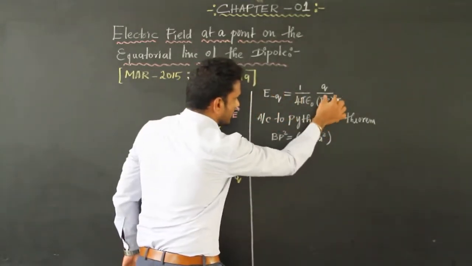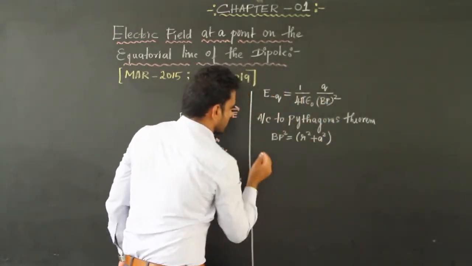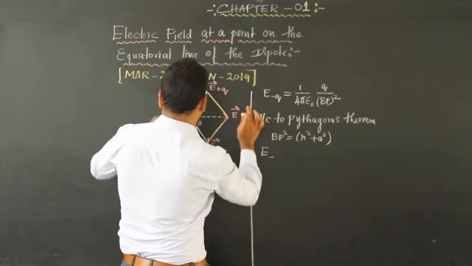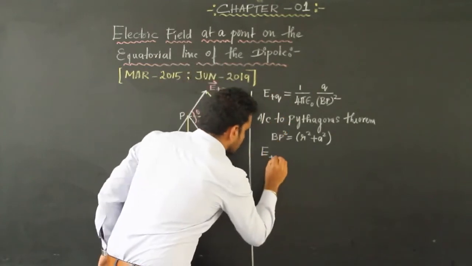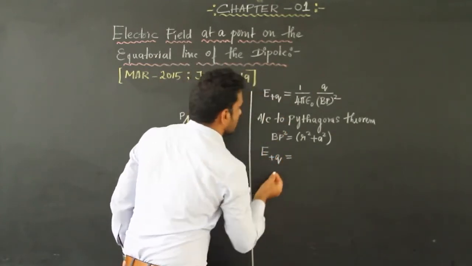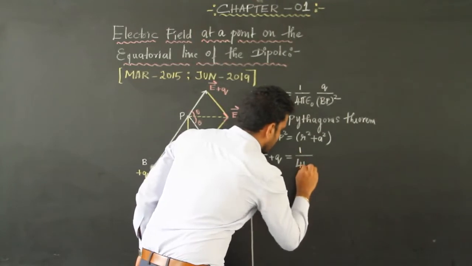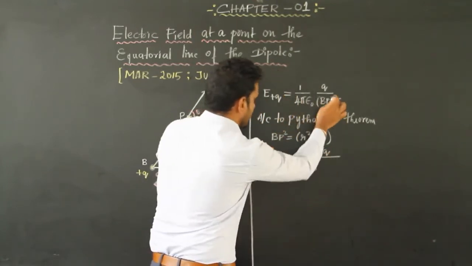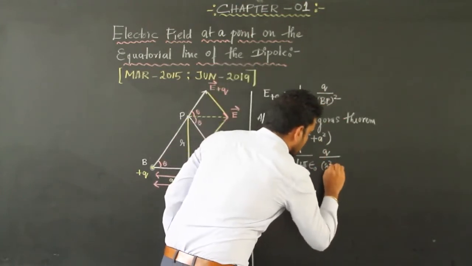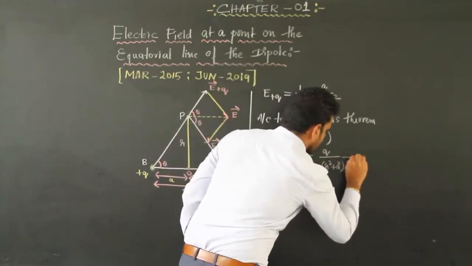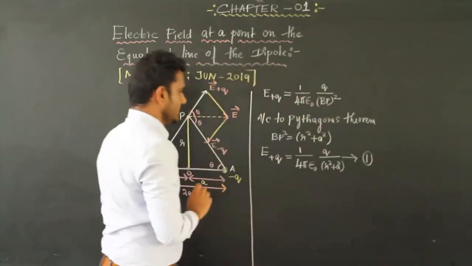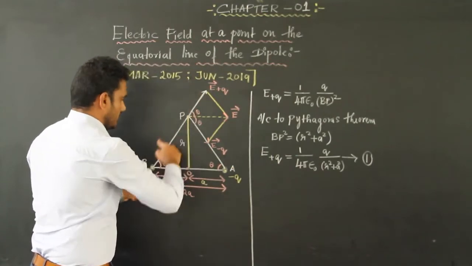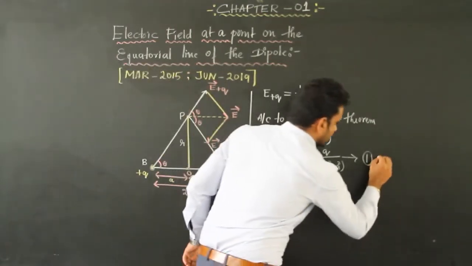So the equation becomes E plus Q is equal to 1 over 4 pi epsilon naught, Q divided by r square plus a square, equation number 1. The direction of the electric field due to the positive charge is along BP.